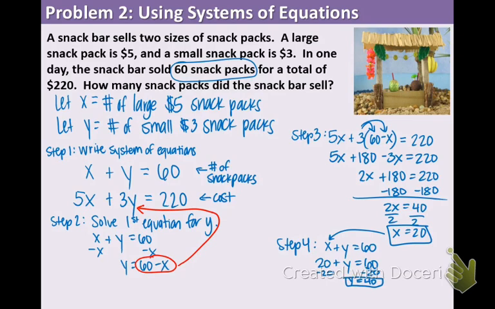So the system solution is (20, 40). And what that means is the snack bar sold 40 small snack packs and 20 large snack packs.